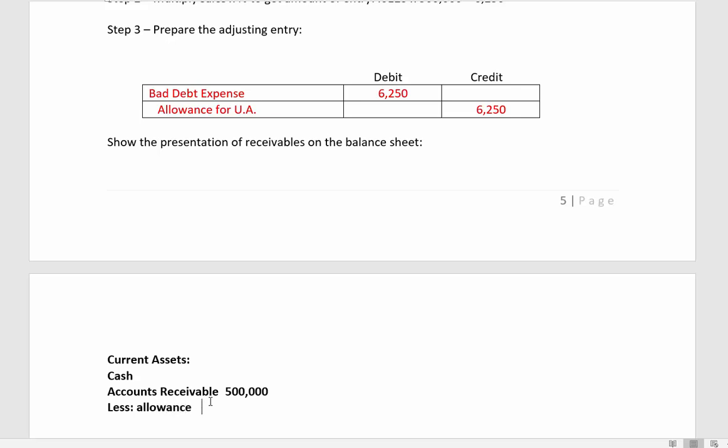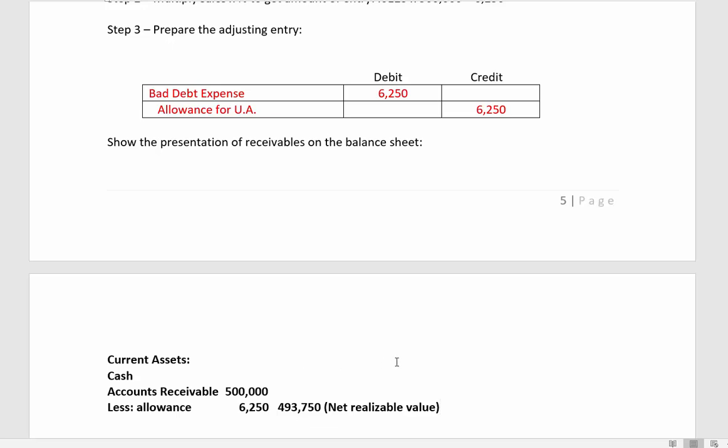And our allowance is 6,250. And the difference is going to give us the net realizable value, 493,750. Remember, that's our net realizable value. Okay, the amount that we expect to collect.